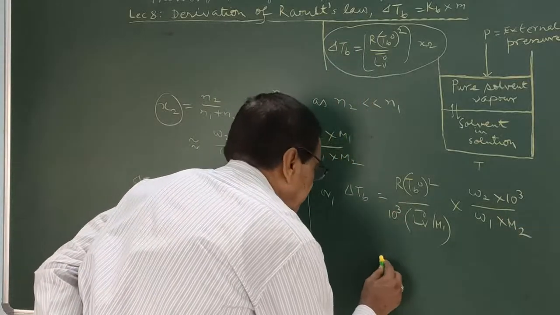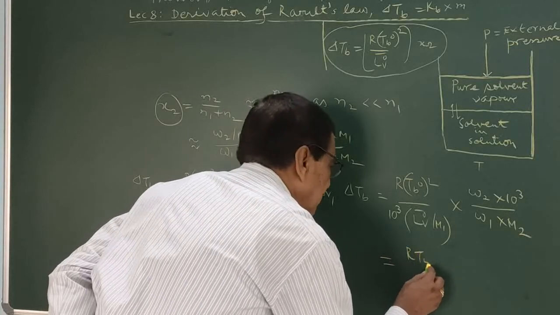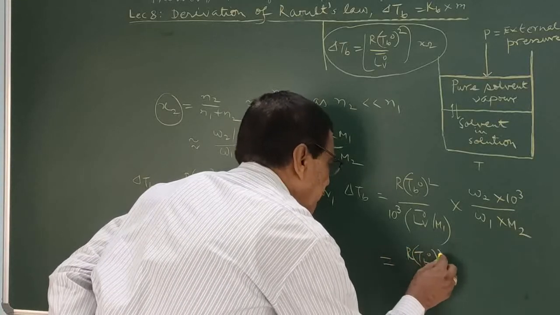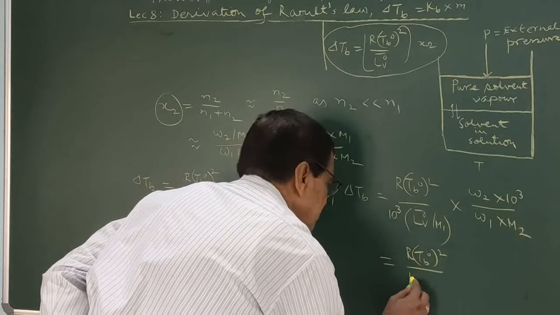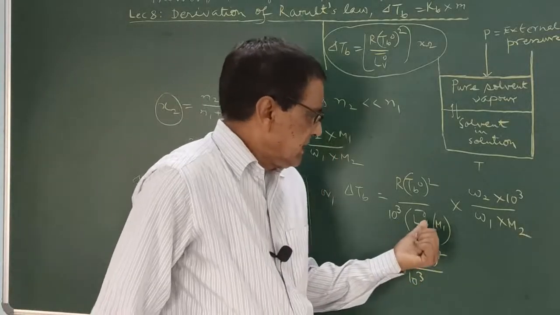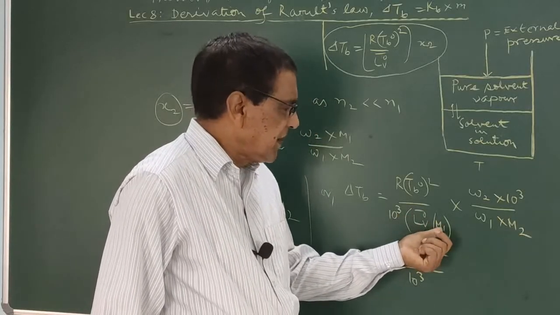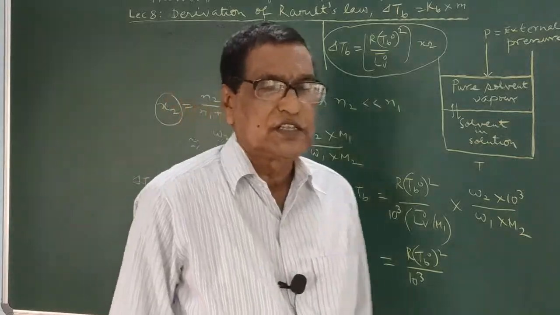Or we can write here ΔTb = R Tb₀² (10³) whenever the molar latent heat of evaporation is divided by the molar mass of this solvent.